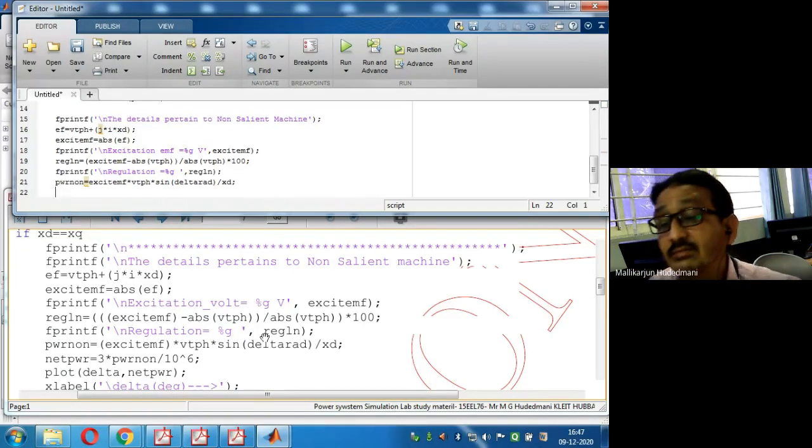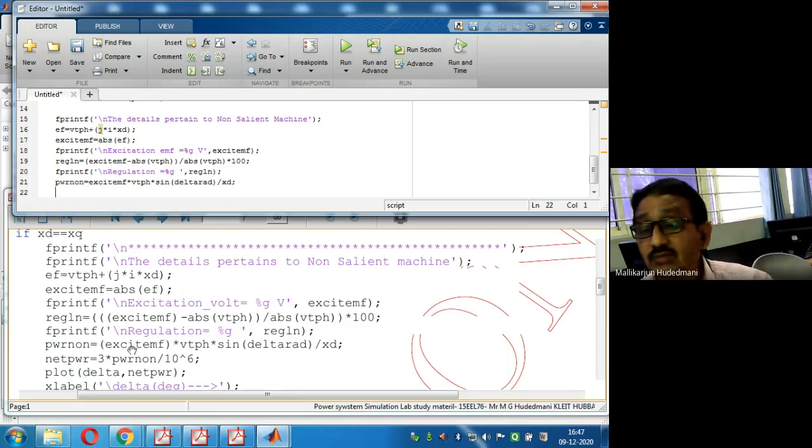Can you see some of the brackets I eliminated personally here to avoid the confusion or the additional work. Each term, excite EMF, I put inside a bracket. I removed it. One pair of parentheses I reduced here. You can reduce.